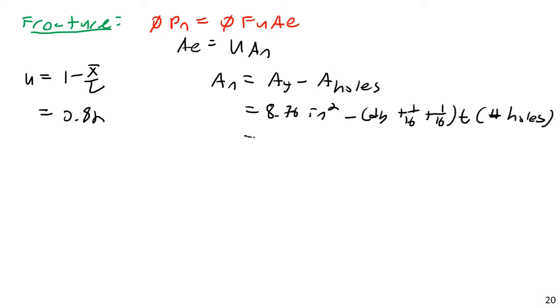Now, for this particular problem, because we have two different angles joined together, we're going to have to multiply the thickness of our 3/8 inch angle iron by 2. So this is then 8.76 square inches. I will annotate this a bit.